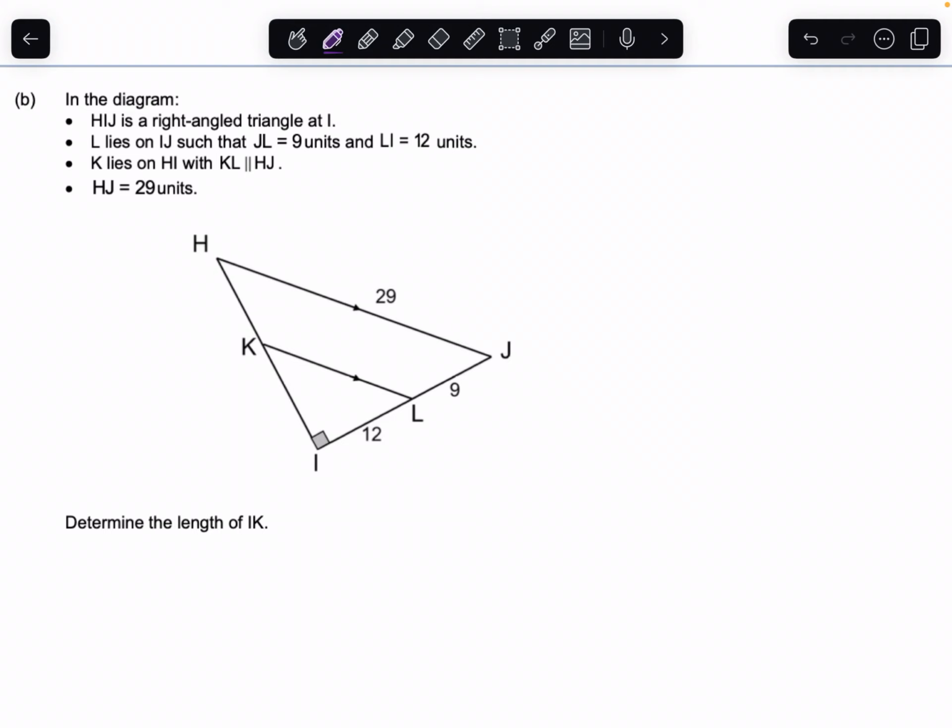But yes, this obviously comes in handy for this question because we have these two parallel lines, which tells us that the ratio of this and this is the same as the ratio of this and this. Oh, tricky. We don't have HK, so that is not actually very useful. What we have been given is HJ.